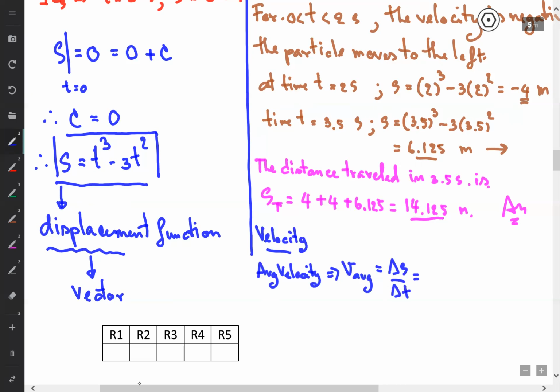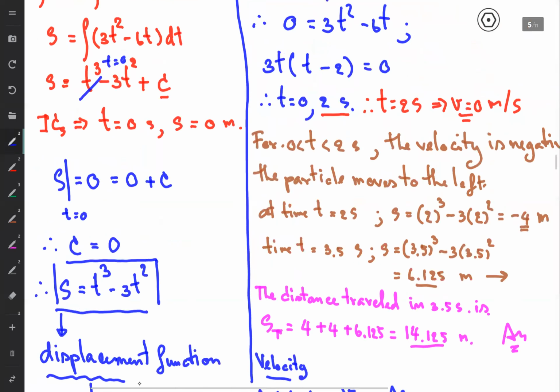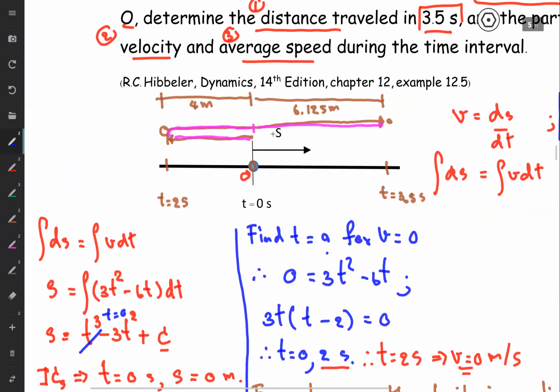But delta S is just this, because this is the final position and this is the initial position.